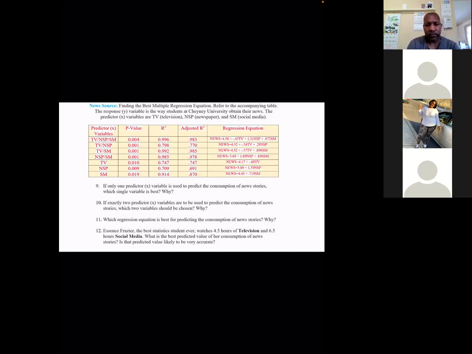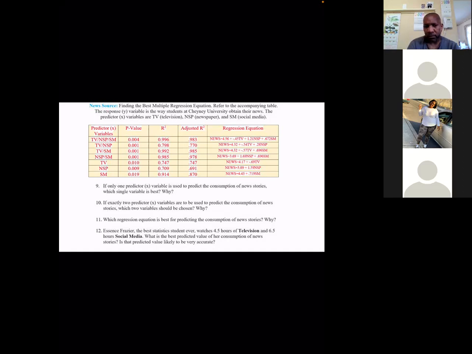Okay. Number 10 is asking us the same thing, but with 2 variables. So now we have to look at the next 3 up from the singles. Who can tell me out of those 3, which one is to be used to predict the consumption of news stories and why? The first one, because it's the highest, it's the greatest number.